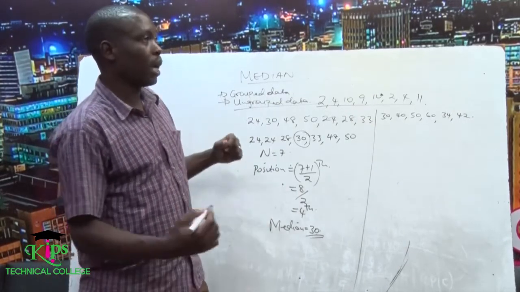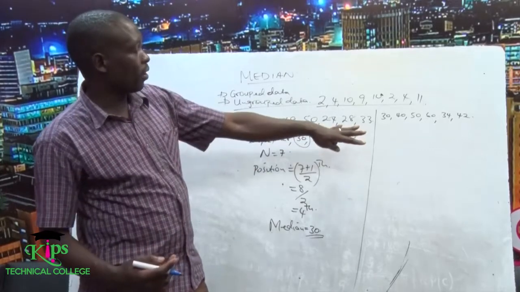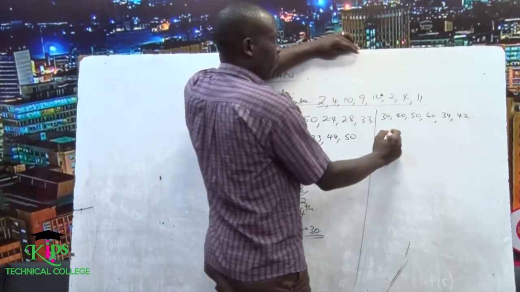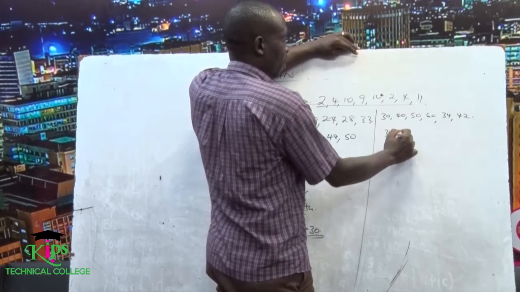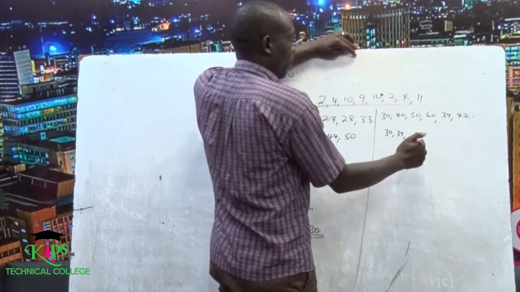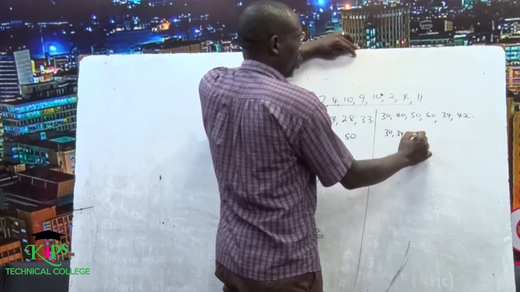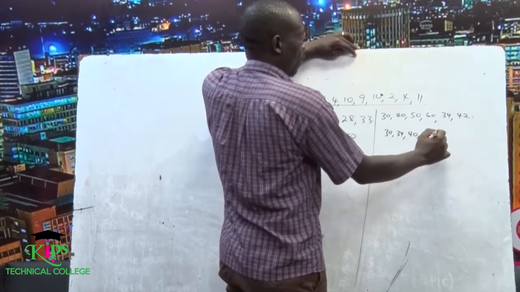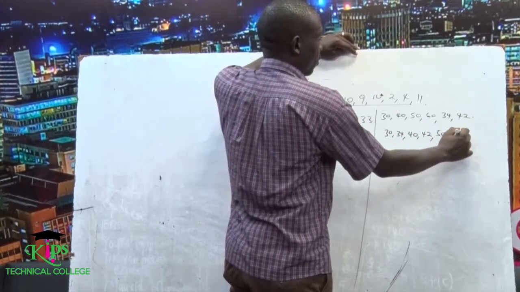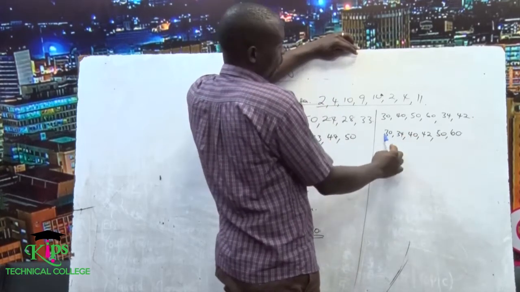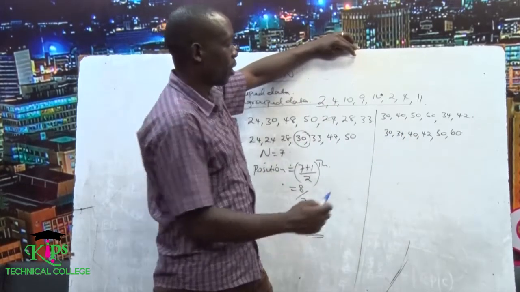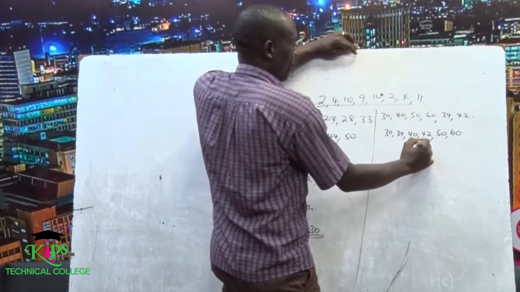As usual, start by arranging the values in ascending or descending order. The smallest value here is 30, followed by 34, then 40, 42, 50, and 60. These numbers are even. We have 6, so our n is 6.